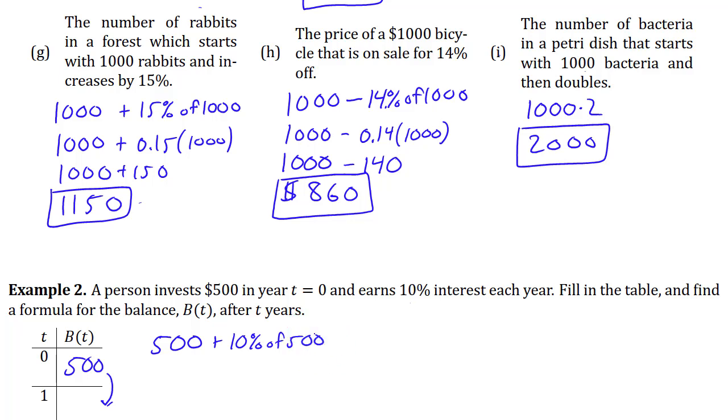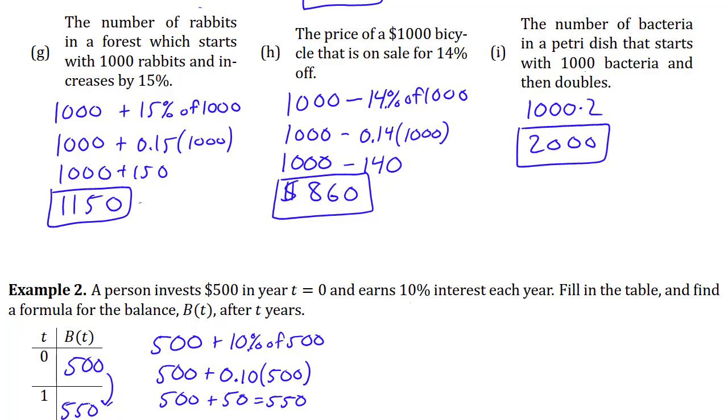And 10% of 500 as a decimal would be 0.10, after you move the decimal place over twice. And so that's going to be 500 plus 10% of 500 is 50, and that gives you 550. Okay, so this is 550.